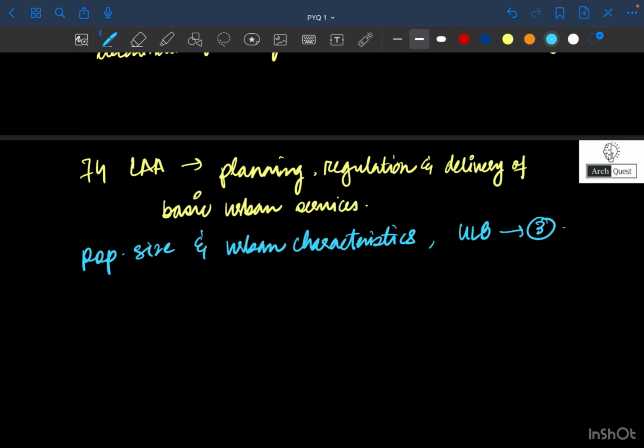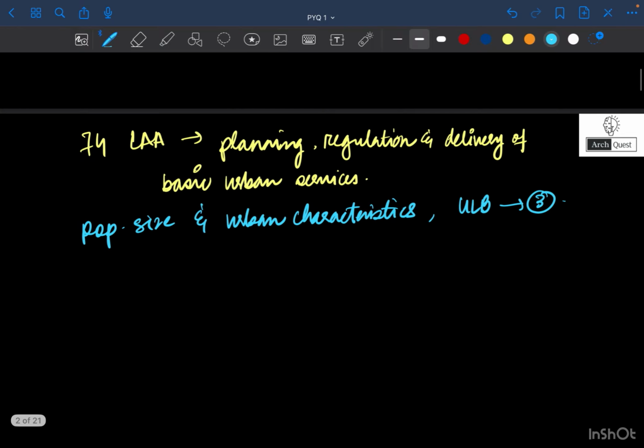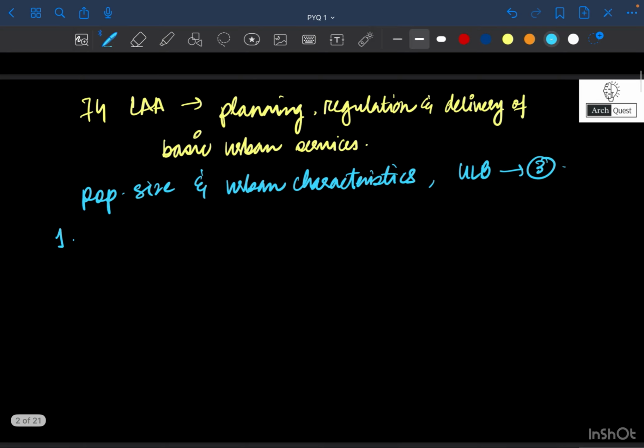Let's try to understand each type one by one, followed by the functions. The first one is the municipal corporation.